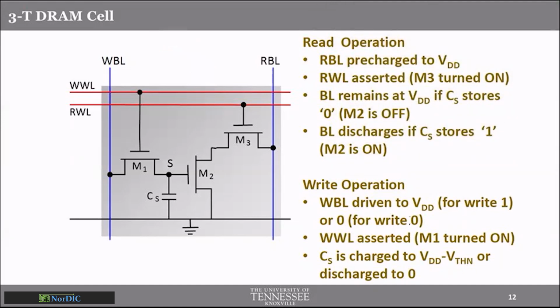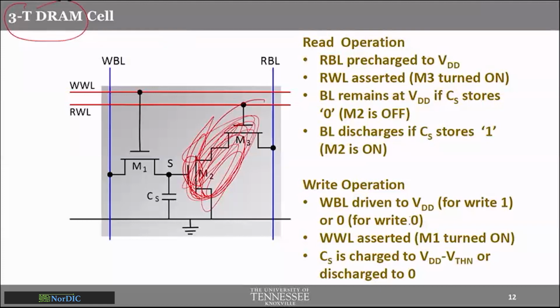Now then, people proposed a different DRAM cell, 3 terminal DRAM, which solves this issue with destructive read. And here is how it does. Ignore this part for now. Just ignore these two transistors. Just imagine you have this M1 and this CS, these two components. And then it will exactly be like the 1T DRAM.